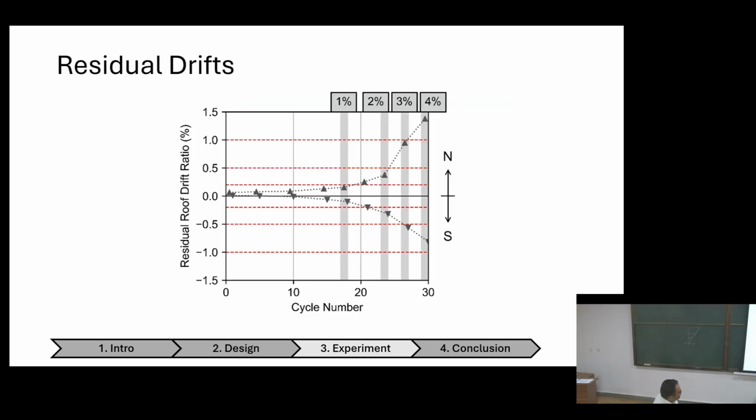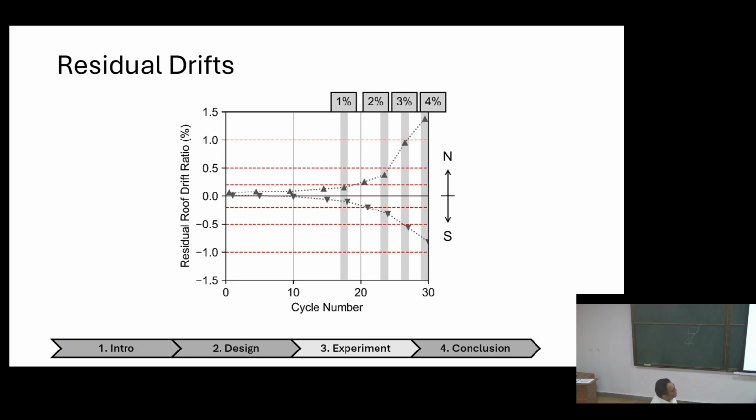So our residual drifts after different cycles. After 4%, our residual drift was in one direction less than 1%. In the other direction, because it compressed, you saw that compression, and there was very high localized buckling of the shear wall, our residual drift after 4% was a little less than 1.5% in the positive direction.